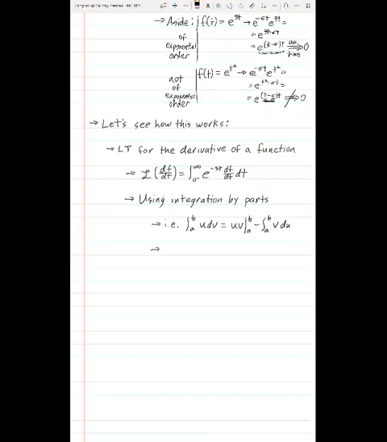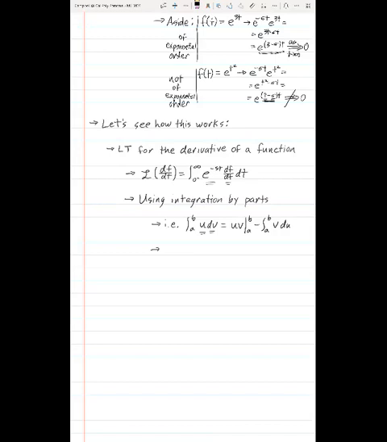So let's go ahead and start mapping things over. We have our u, and we can see that it corresponds to our exponential function, which is kind of nice. We have this dv, so let's map dv to the function that is the derivative of some other function.